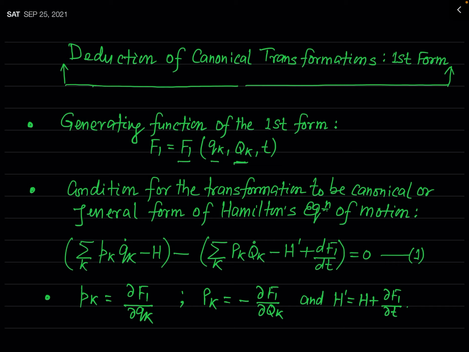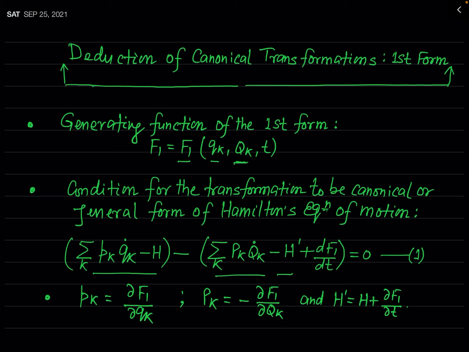After that we have seen, under the heading of condition for canonical transformation, a very important equation containing the generating function, and that equation is known as the general form of Hamilton's equation of motion. And what was that equation? You have seen in the previous lecture that this equation is like this: summation over k pk qk dot minus h equals summation over k Pk Qk dot minus h prime plus df1 by dt.